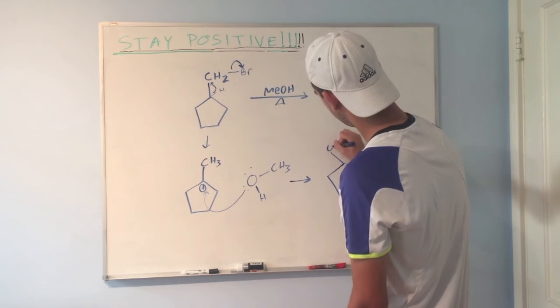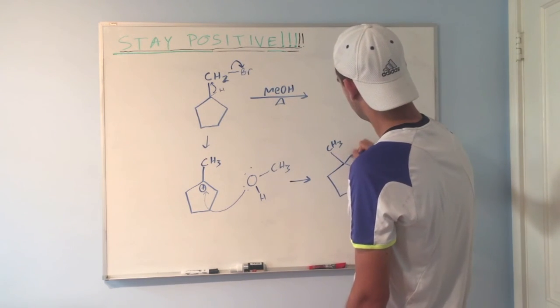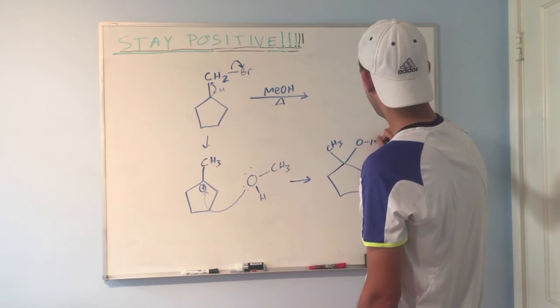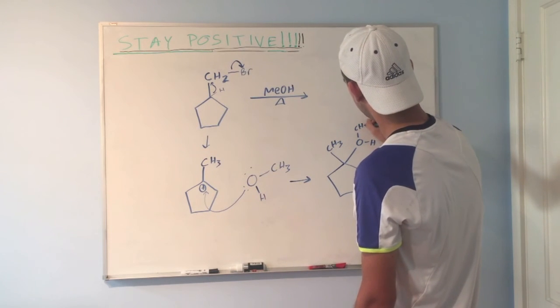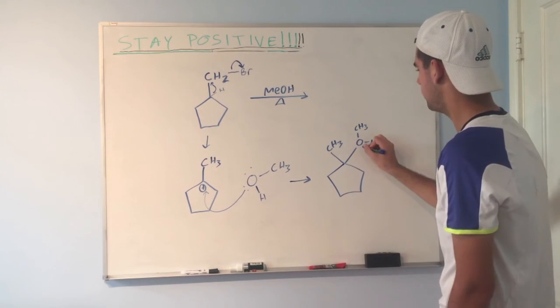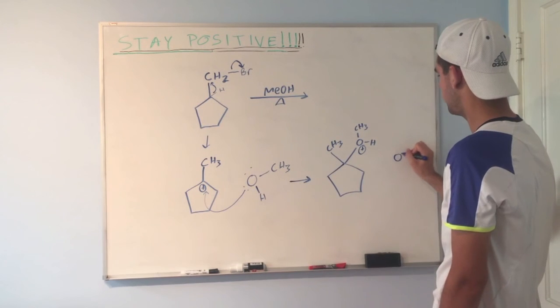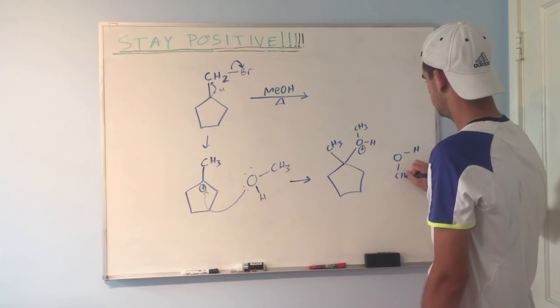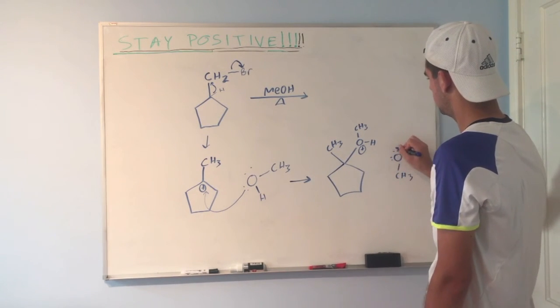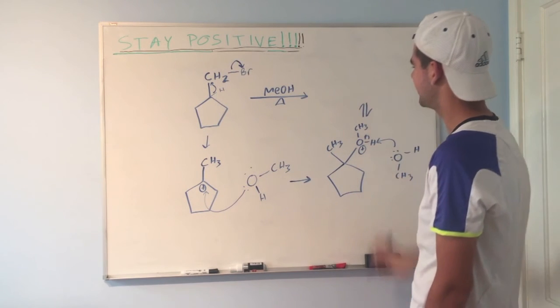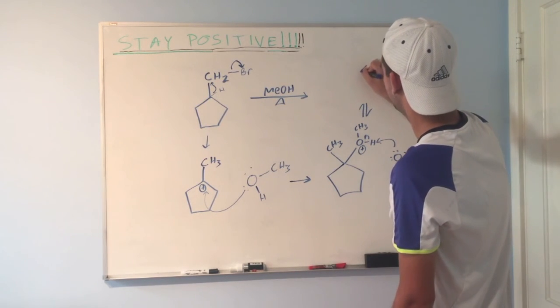So we have a methyl group over here. We have an OH-CH3. That needs to be deprotonated by another methanol. Double arrows because it's acid base, and then we have our answer.